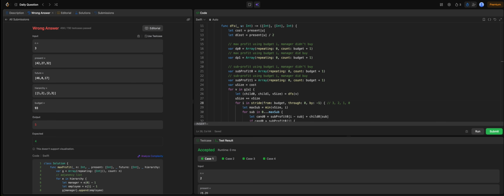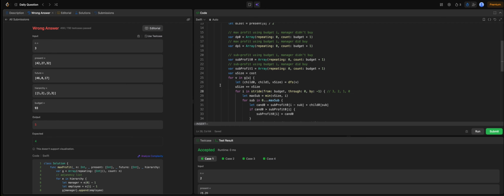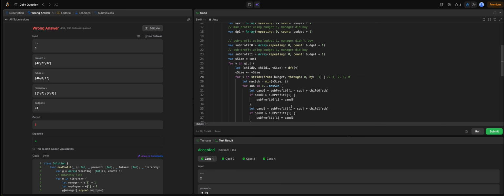From i through stride, we are checking the middleman from 0 to the maximum of the sub array. If candidate of 0 is sub profits of 0, that's also true. We pass it to the child, 0 or sub profits of 0.